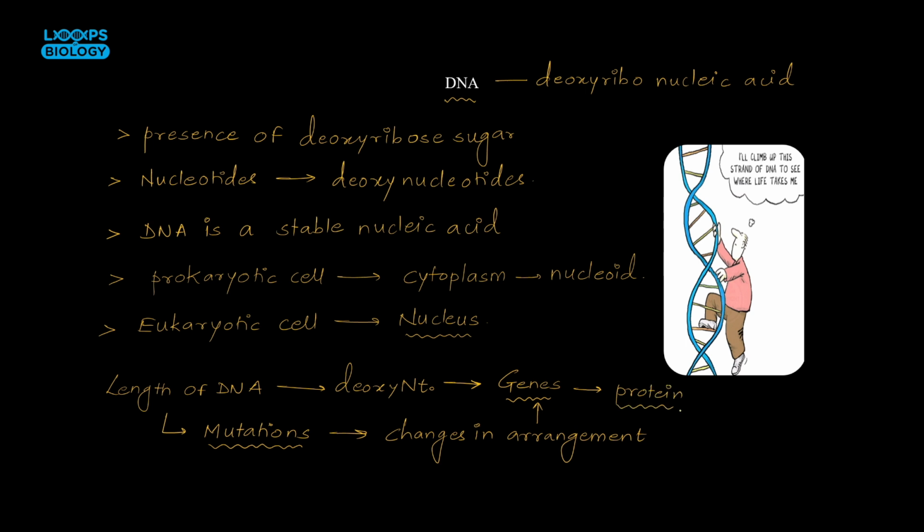This is also one biomolecule, an important one. And these proteins are finally deciding the characters of the organism. How the organism is going to behave, how it is going to look in its phenotype, is completely decided by the protein formed by genes which are made up of deoxynucleotides and present on the DNA.